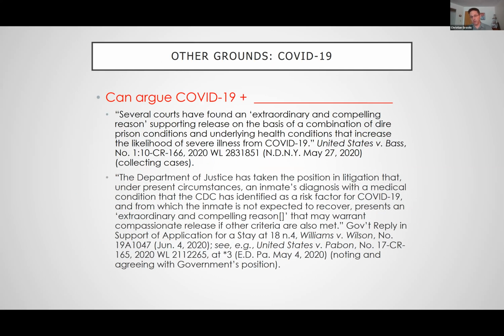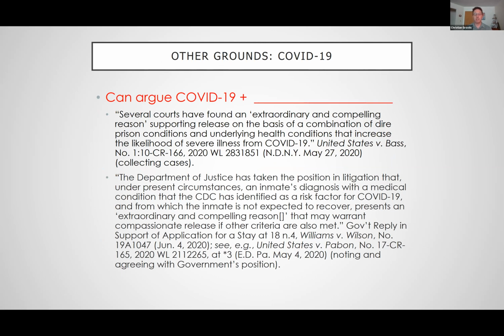Specifically, this is the one that we're seeing a lot of, right? COVID-19 plus something else. Two quotes there. The first one is from a district court collecting a bunch of cases where they say, you know, dire prison conditions plus some significant underlying health condition. And we'll talk about that in a second. The health condition can be enough.